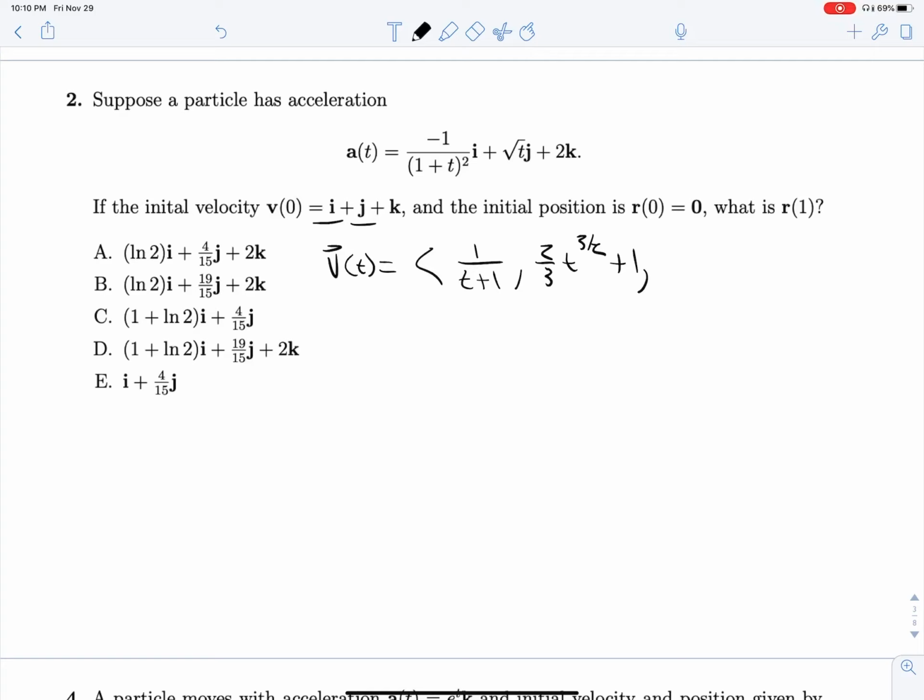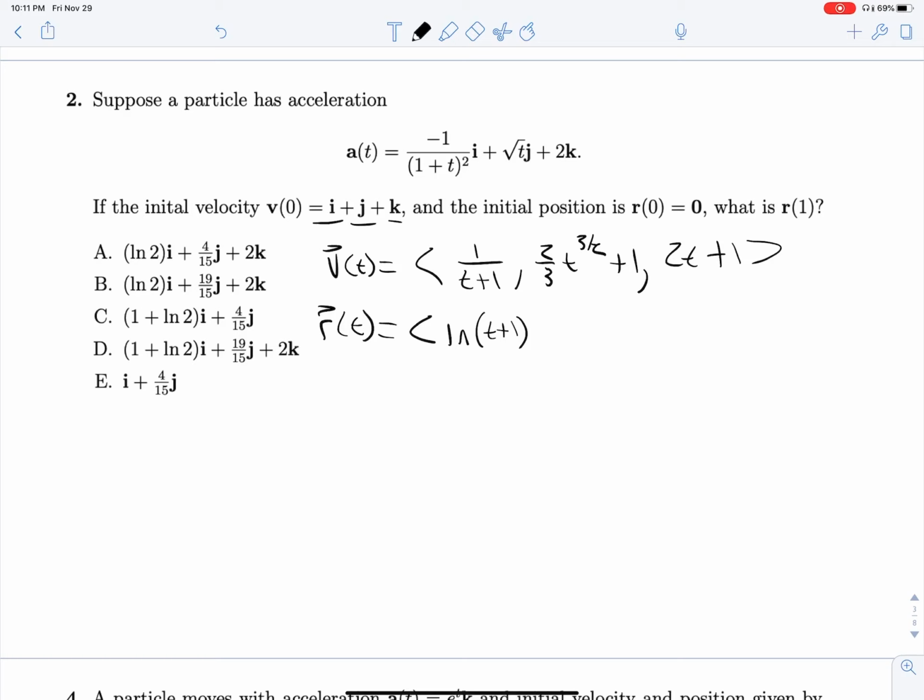And then for our final component, 2t plus 1 is going to meet our requirement here, adding 1 for our constant. And then finally, our r of t, we're going to get ln of t plus 1, and then our constant.